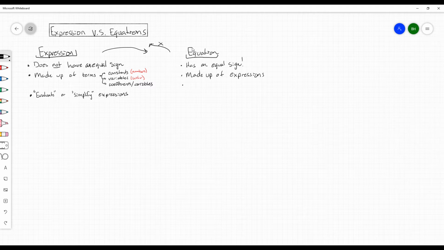And when we look at equations, we simplify the expressions to help us solve. The key word here is solve equations.